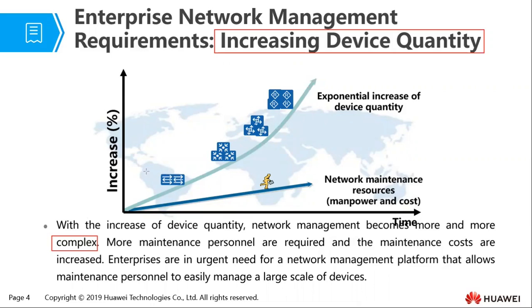So that means that as the number of devices increases exponentially, the network maintenance resources also need to increase. That includes manpower, and these can be costly. This raises the maintenance cost.